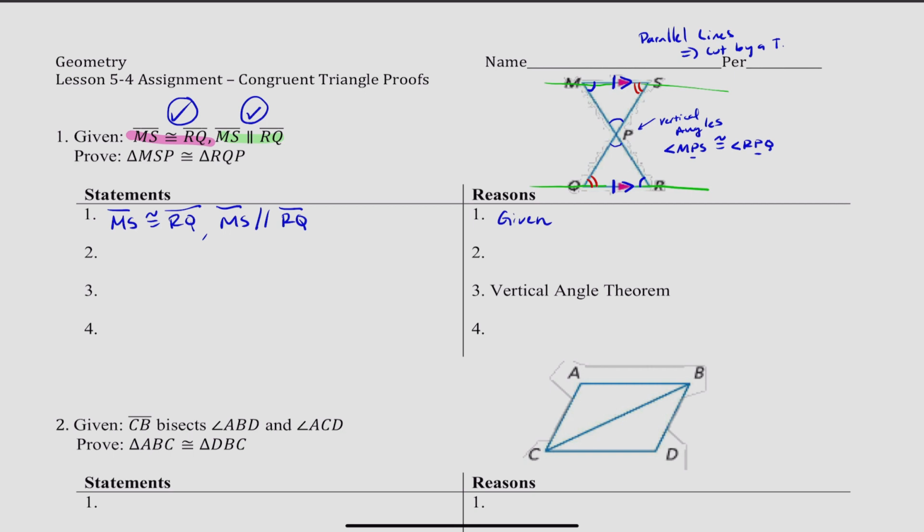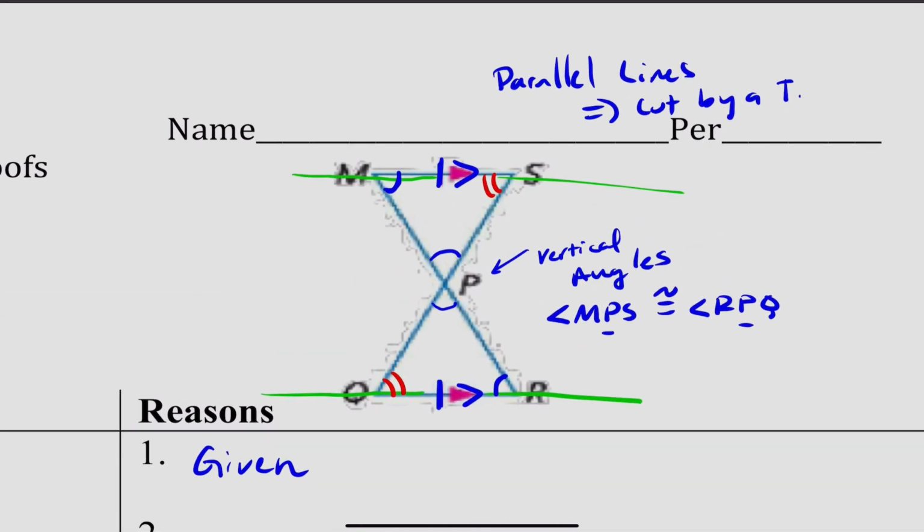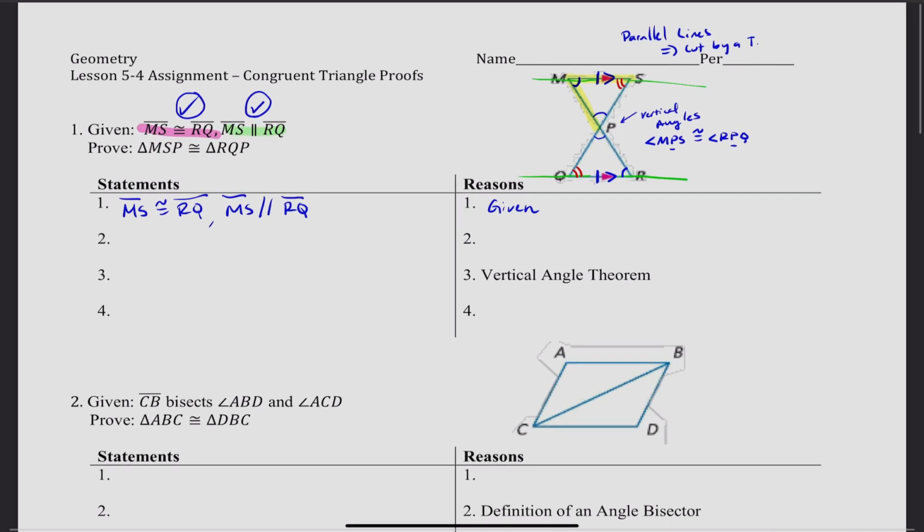Then number 2, note that by alternate interior angles, I'm gonna use a different color, angle SMP is congruent to angle QRP. And that's because of alternate interior angles.